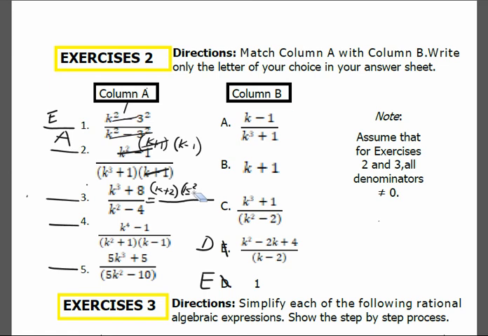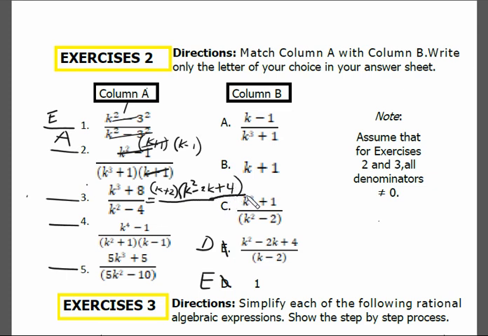Need an eraser here. Okay, let's see. Continue. What are the factors? Okay, plus 2. So we have k squared minus 2k plus the square of 2, 4.